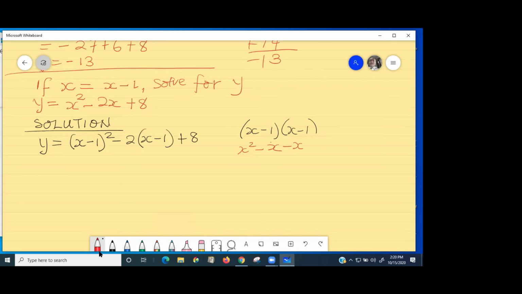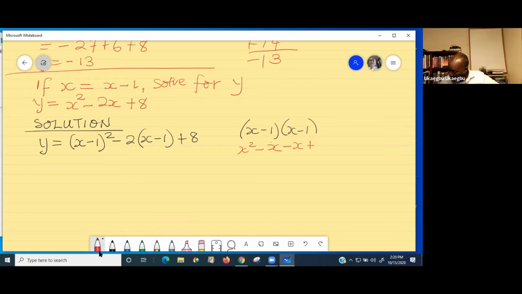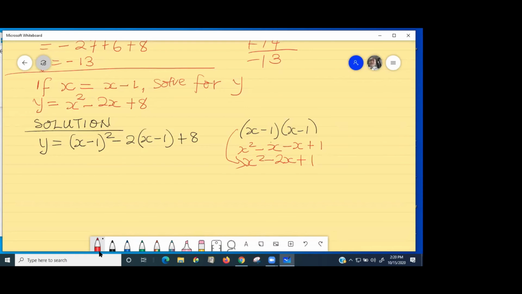And then negative times negative is positive 1 times 1 is 1. So the negative x terms give us -2x plus 1, and this is x squared. You got it?